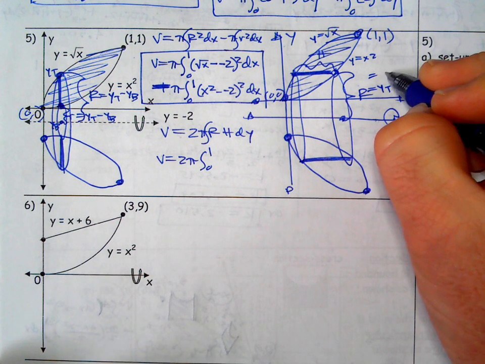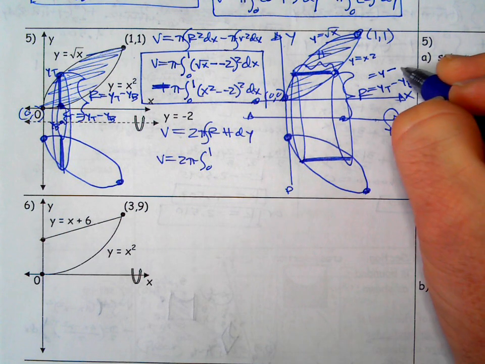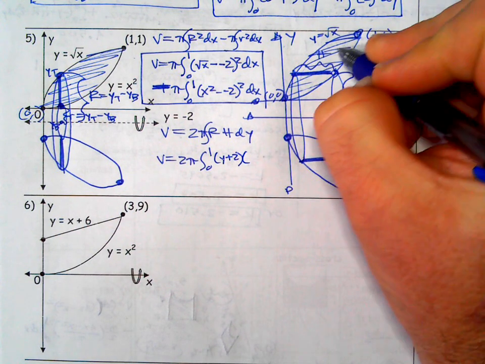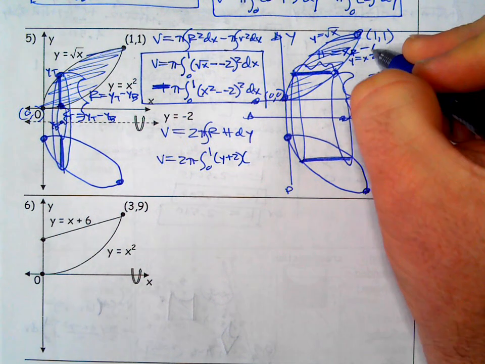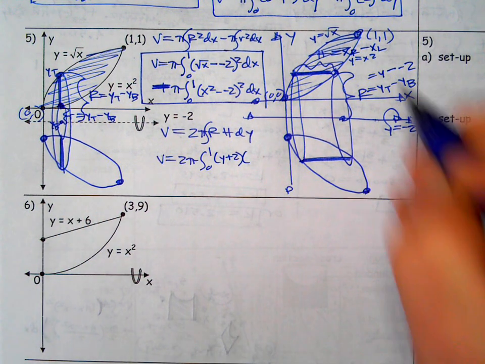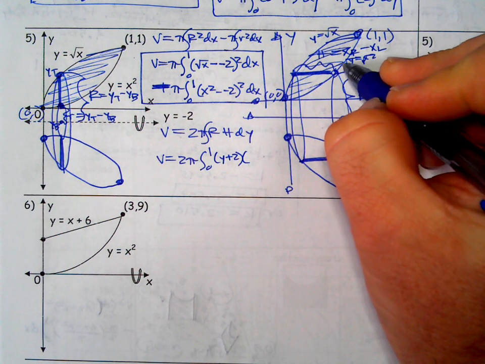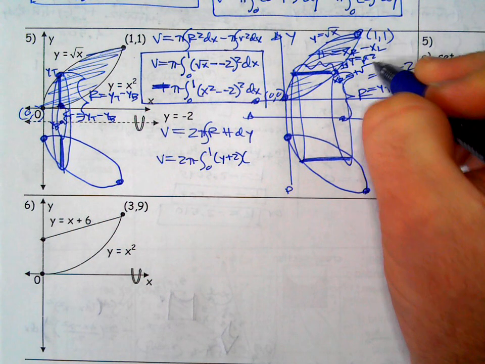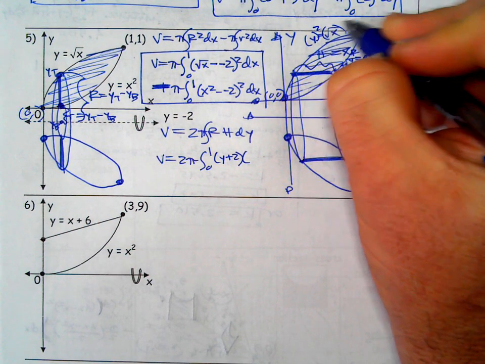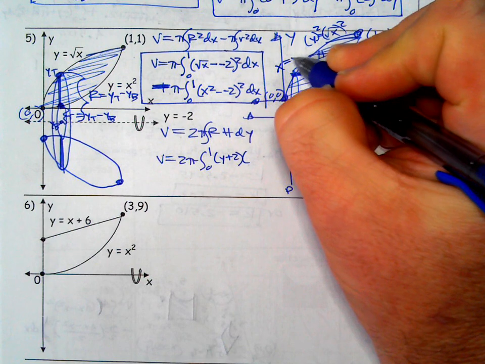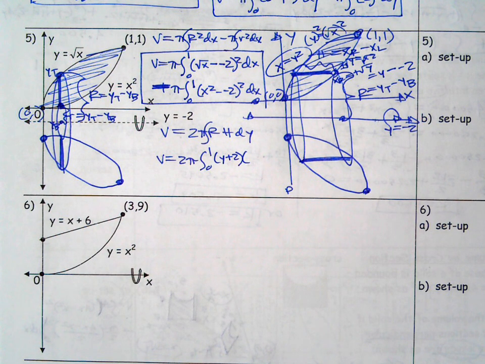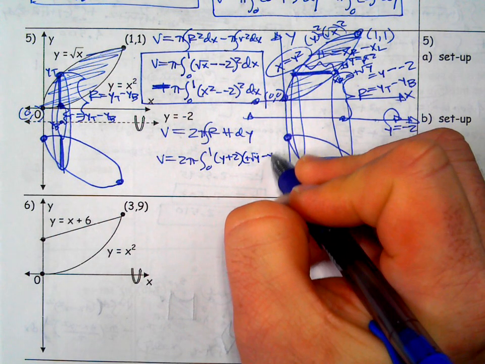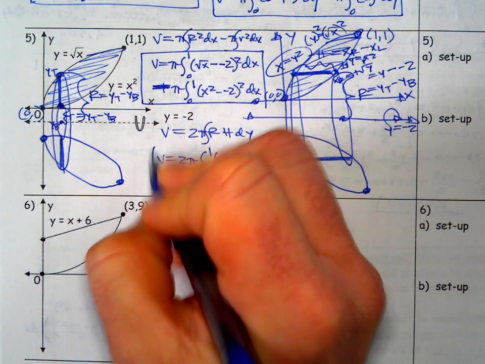And y top is whatever y value you're at. Y bottom is negative 2. So that's going to be y plus 2. The height is the thing that depends on the curves, x right minus x left in terms of y. So we have to take the square root of both sides here, plus or minus. It's the right half of the parabola. So this x right is the positive square root of y. And over here, to get x in terms of y, we get x equals y squared. So x right is the positive square root of y minus y squared, dy. And that's the setup for that.